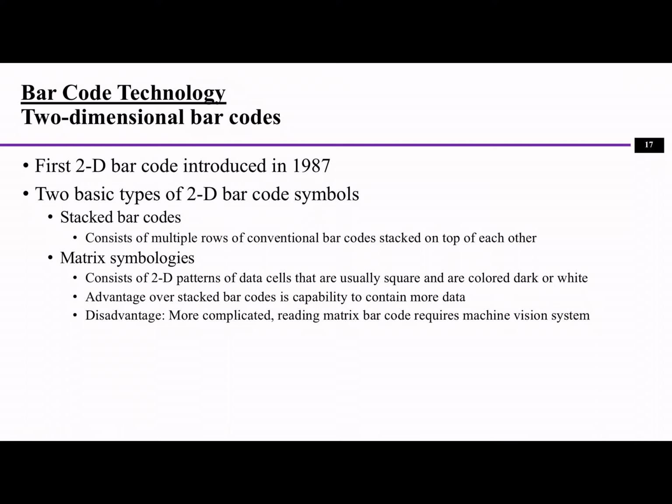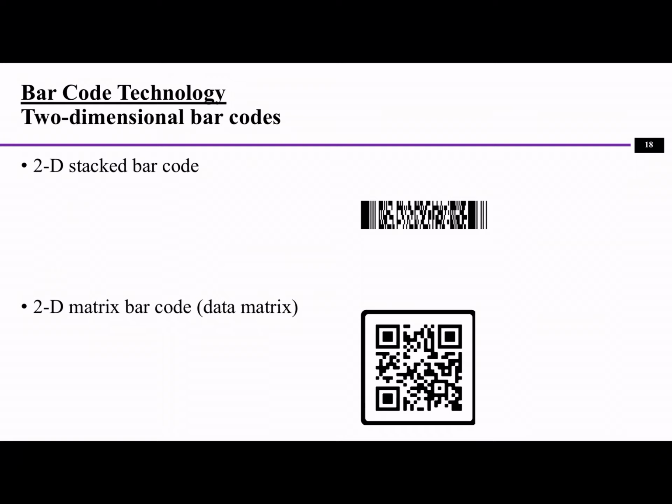Another one is matrix symbols. For example, some patterns or some squares here and there, commonly seen in the QR code. So there are two different ones. The 2D stacked barcode, as you can tell from the upper image, is a stacked barcode, and for each row, you can see the traditional or conventional 1D barcodes.